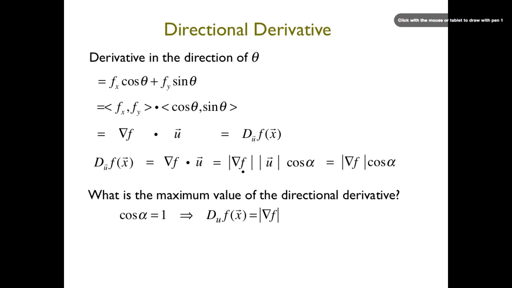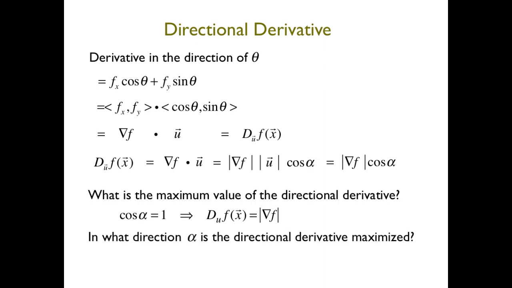So to get the maximum value of the directional derivative, it's going to be wherever cosine alpha is 1. And then that value of the directional derivative will be the magnitude of the gradient. Okay? And then what about the direction? In what direction alpha is the directional derivative maximized? So what does it mean for cosine alpha to be 1? It means that alpha is 0.